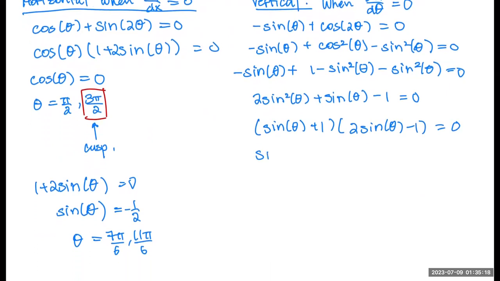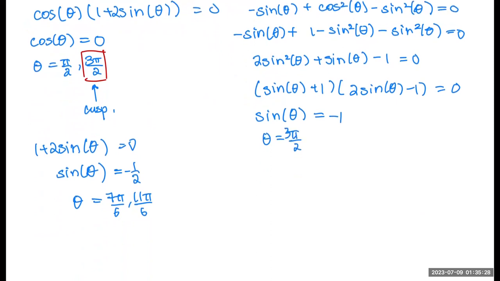Sine theta being negative 1 happens whenever theta is equal to 3 pi divided by 2, but as we said earlier, this value is going to be a cusp. So we don't know whether it could be horizontal or vertical, or it's a cusp still.